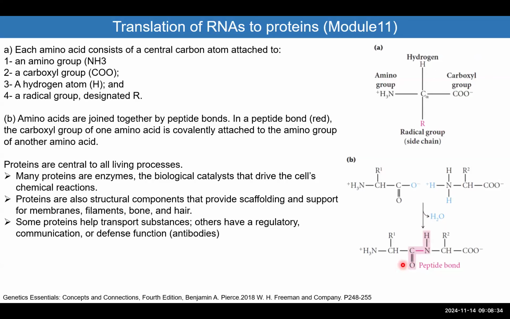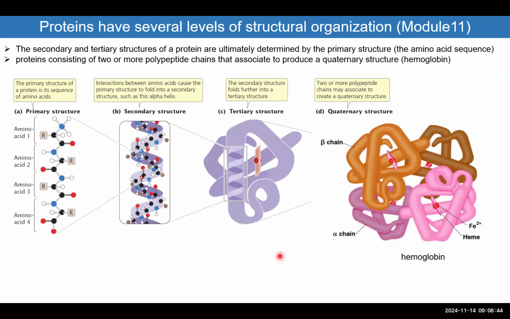Okay. And therefore we know the sequence of the amino acids based on the RNA and the DNA, and we know that there is directionality of that protein. Now, the primary structure is just the sequence of the peptide, the amino acids. The secondary and tertiary structure is the folding of those amino acids.